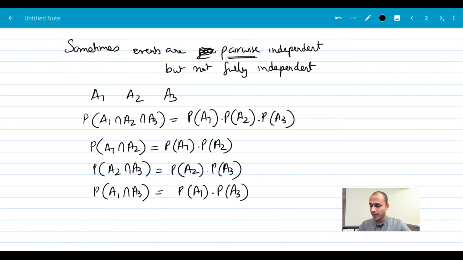It turns out that if this is true, it may not imply that the full independence is true, and vice versa. So you just need to be a little bit careful about pairwise independence and independence in general.